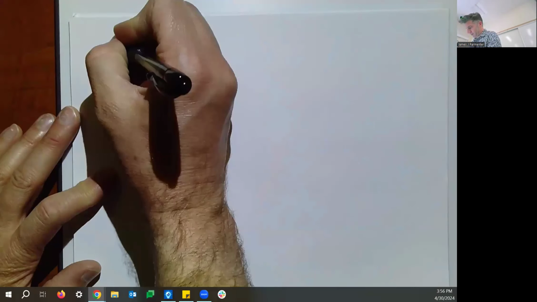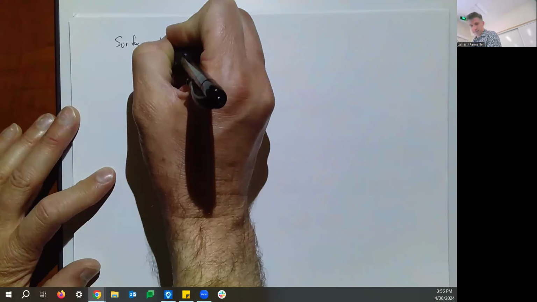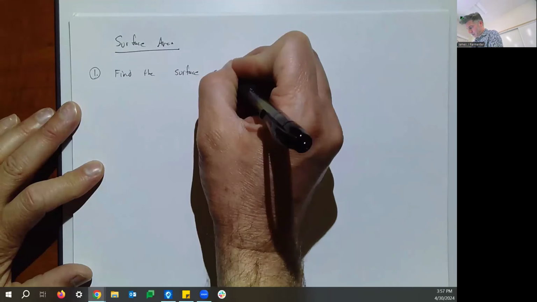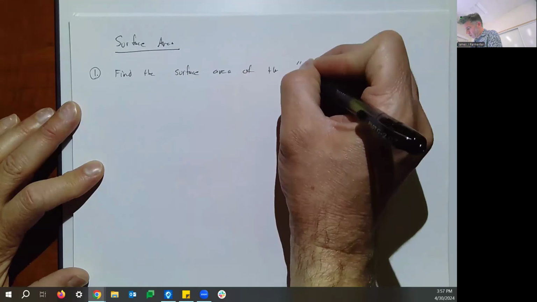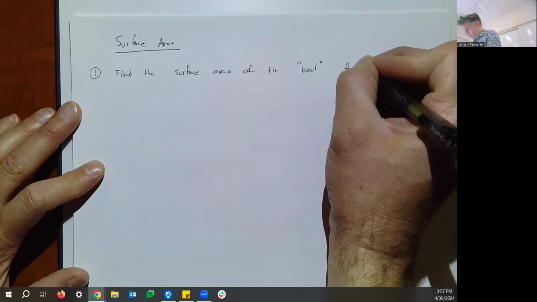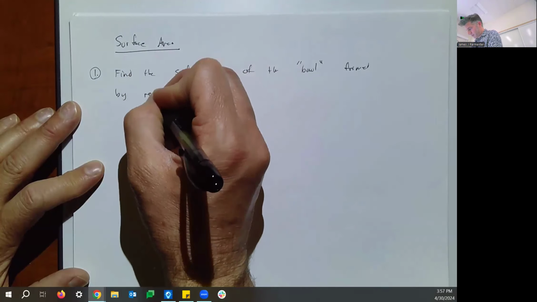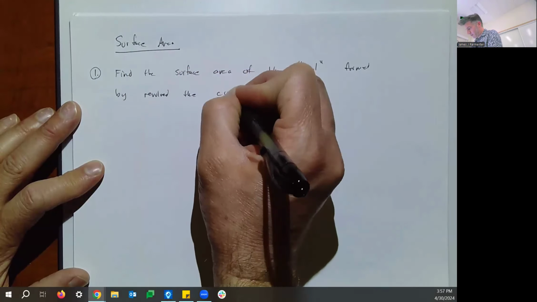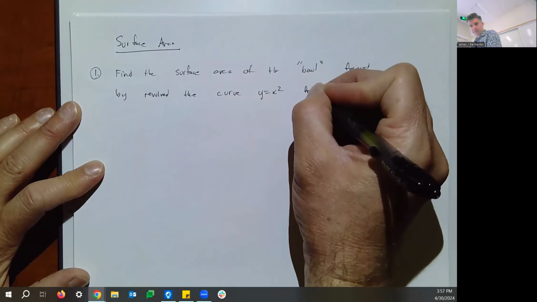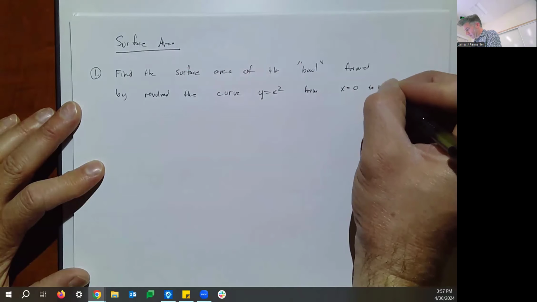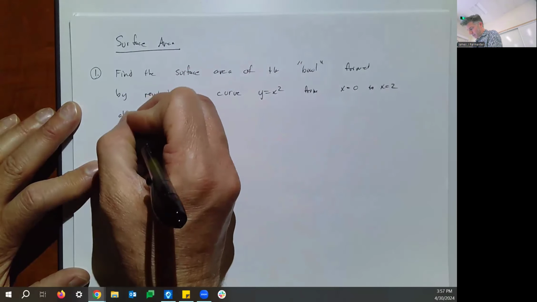So let's say we want to find the surface area of the quote unquote bowl formed by revolving the curve y equals x squared from x equals 0 to x equals 2 about the y-axis.